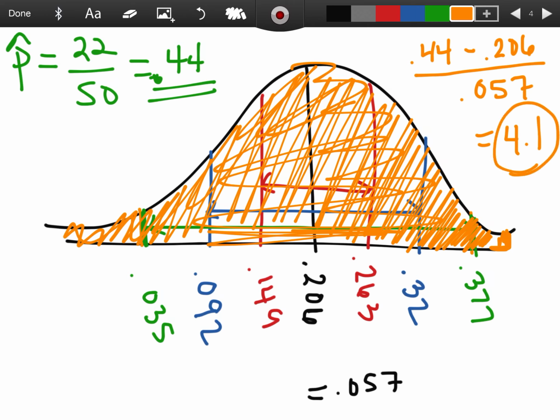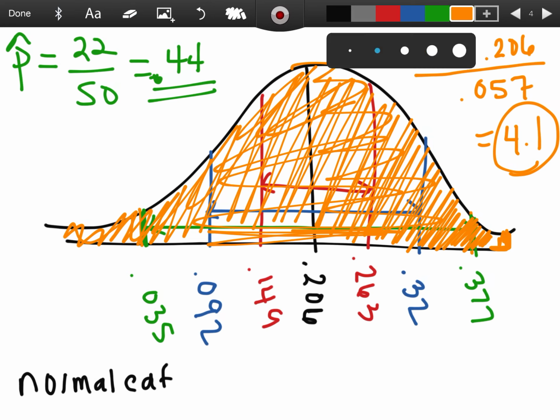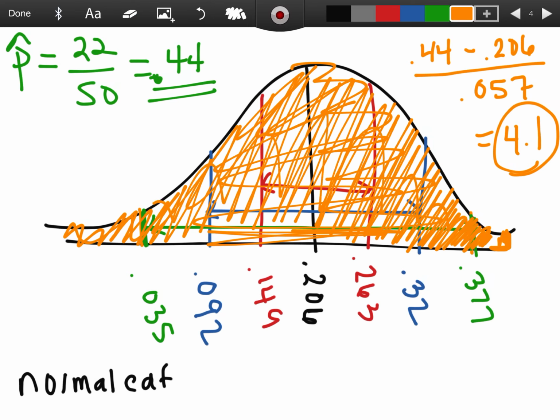That's a really rare situation in a normal curve. So what you're going to type in your calculator is normalcdf. Now, decide if this is a low bound or a high bound. Obviously, we were going way over this way. There is no low bound if I do it this way, and then my high bound would be my 4.1.